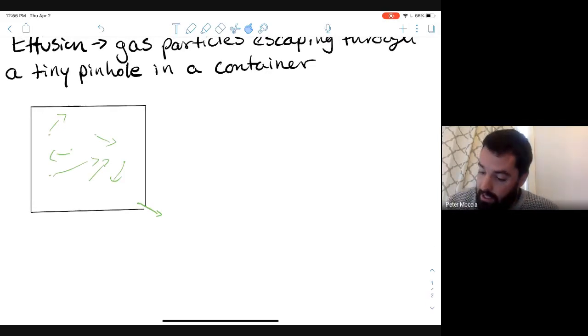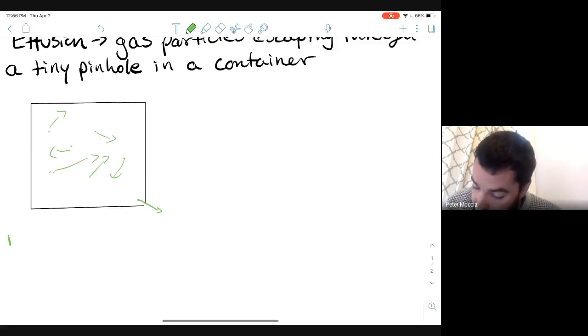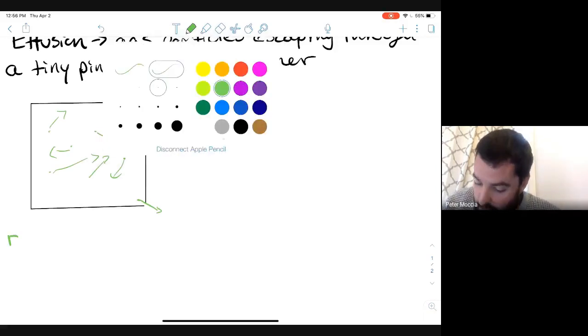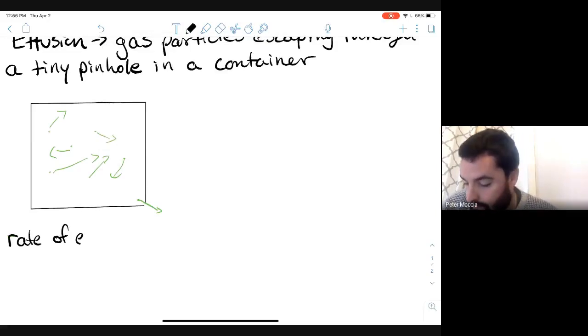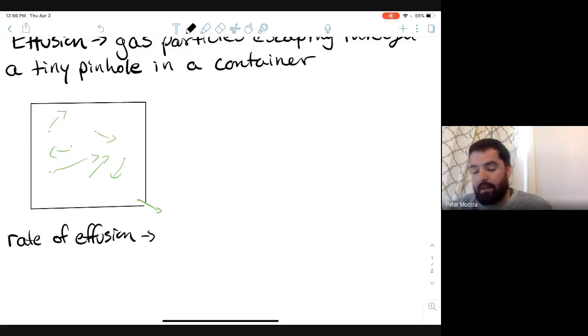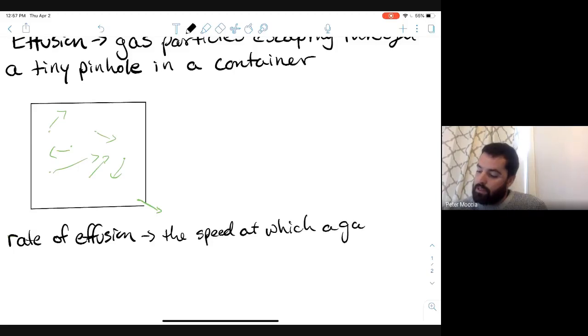So obviously, if you know what the word rate means, you would know that the rate of effusion would be the speed at which a gas effuses.